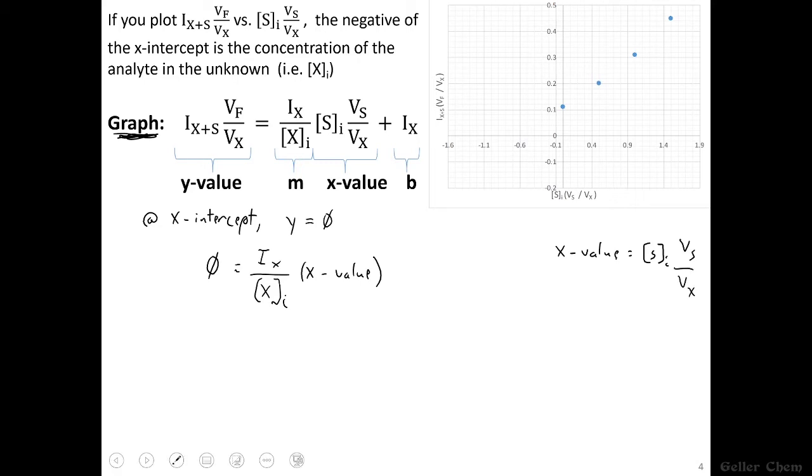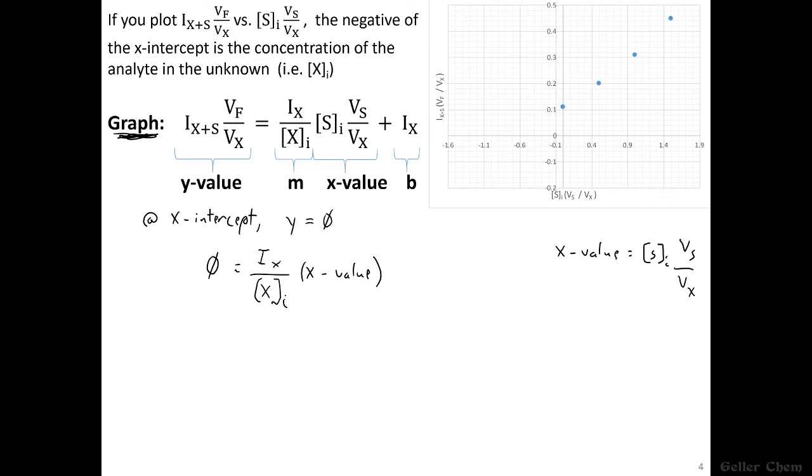And for the record, the reason I keep calling these y value and x value as opposed to just y and x is because I don't want to confuse this x with the actual unknown x, because they're not the same thing. X value refers to this combination of terms. That's what goes onto our graph on the x-axis, not to be confused with the actual unknown concentration of x, which is something different, but ultimately something we can relate to the graph.